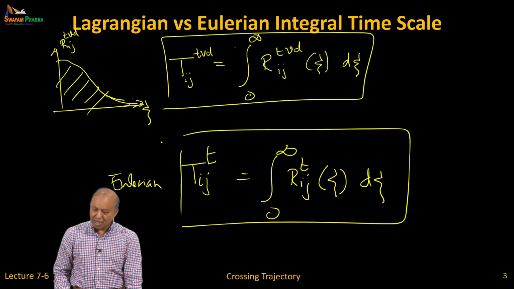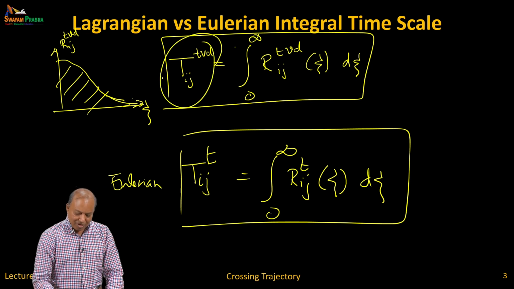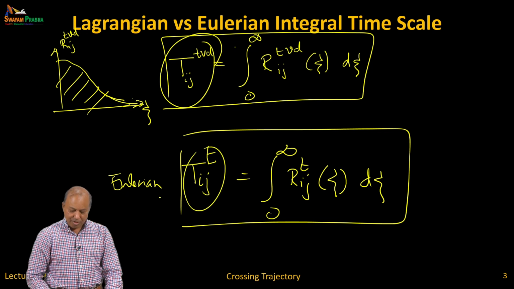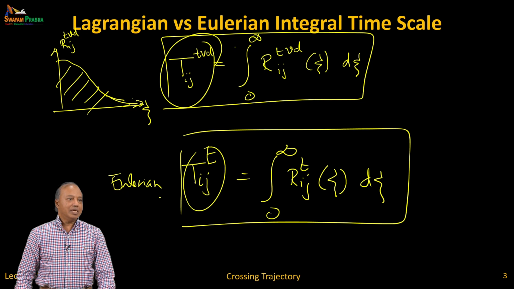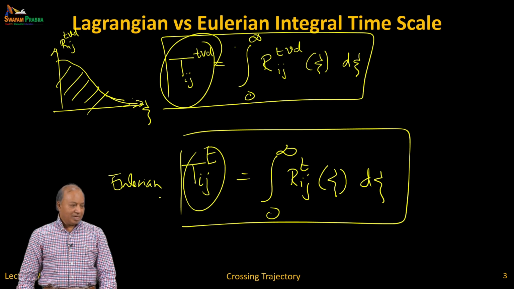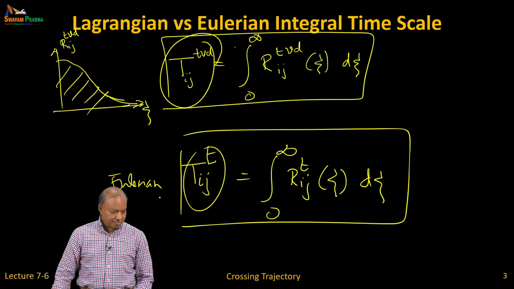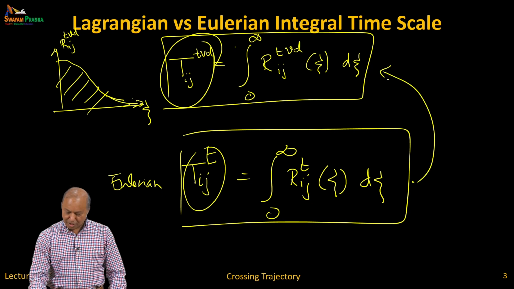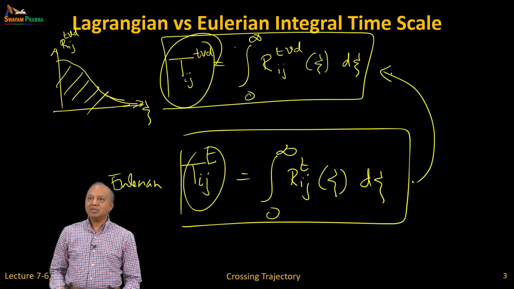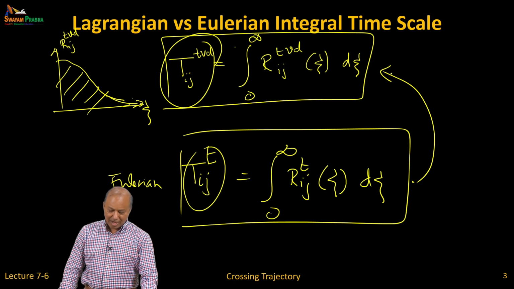Really, I should have said precisely that if this is what you want, you have to connect it to something that you know about. The Eulerian correlation is what people can easily calculate. So, the way one goes from here to here is in 3 steps. Let me finish it.